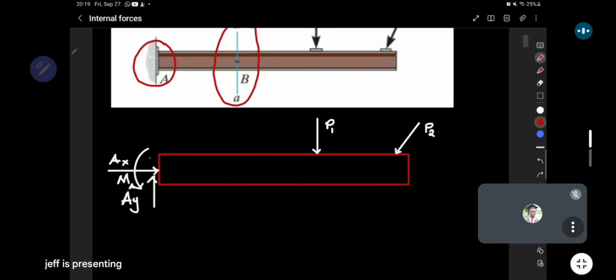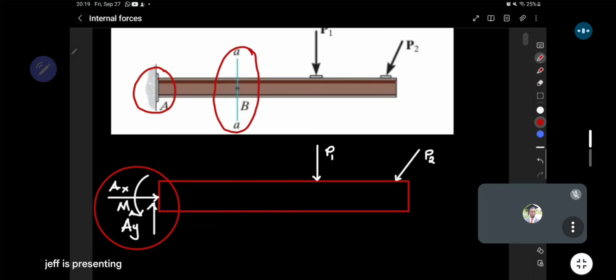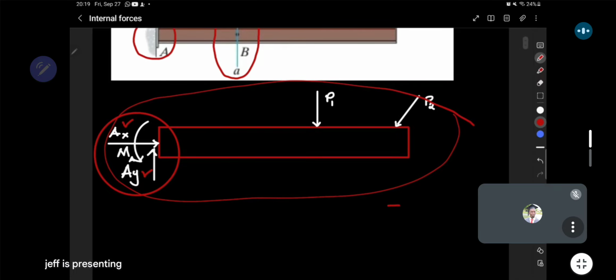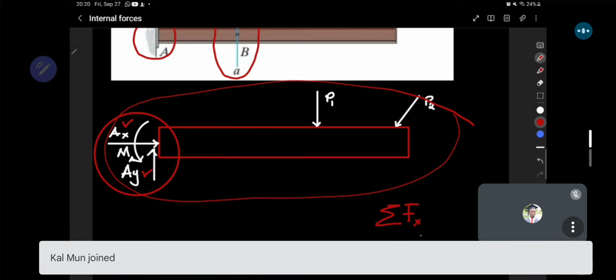Of course, in an event that you need to use the forces there and the moment there, before you even start cutting your sections, you might want to analyze the structure the way it is so that you determine what AX is, what AY is, and what that moment is, by just using sum of forces for the whole structure in each axis.